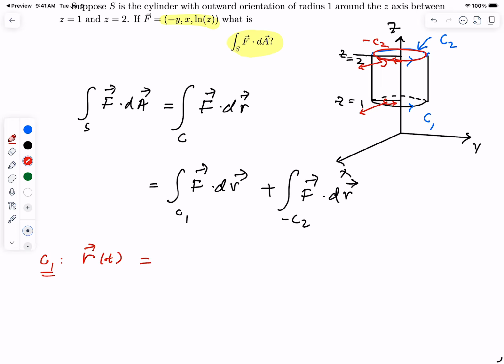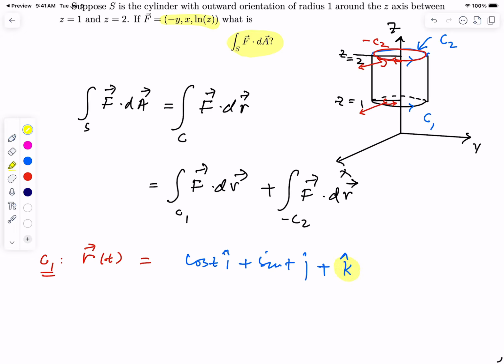C1 is a circle centered at the origin, and the parametric equations are going to be cosine t i hat plus sine t j hat plus k hat.